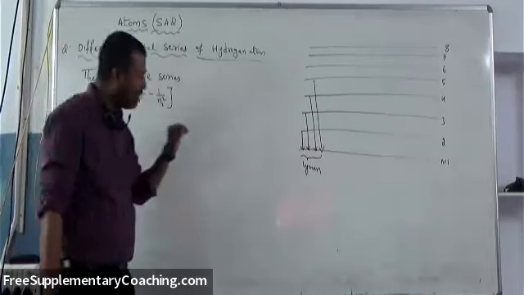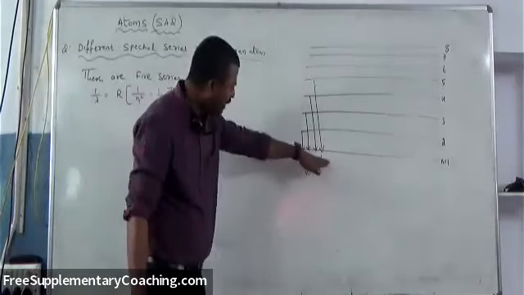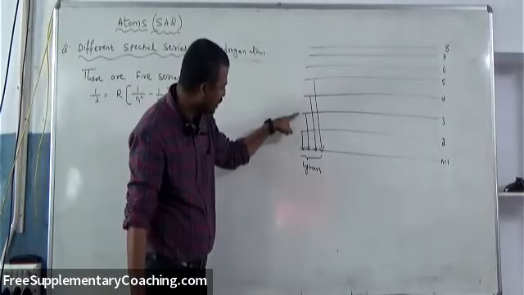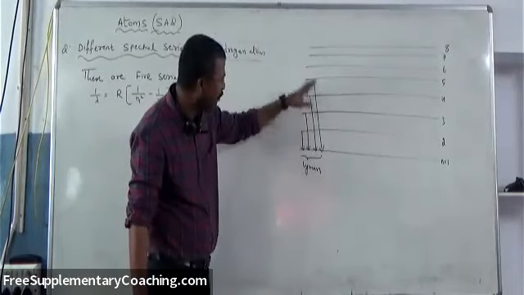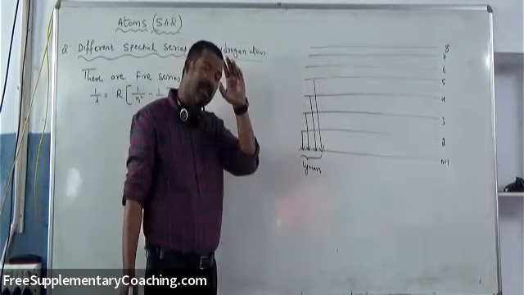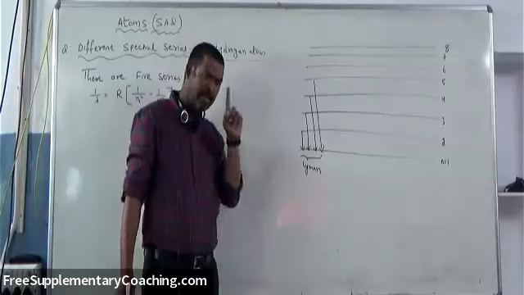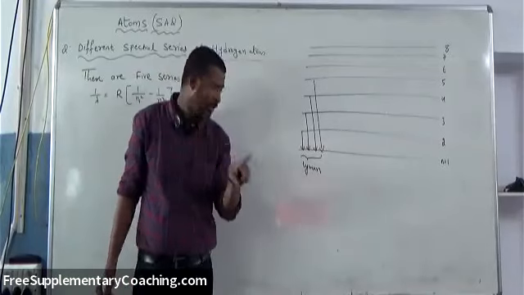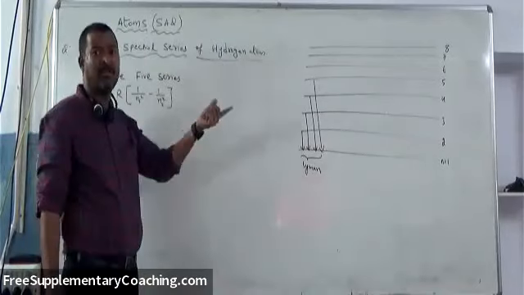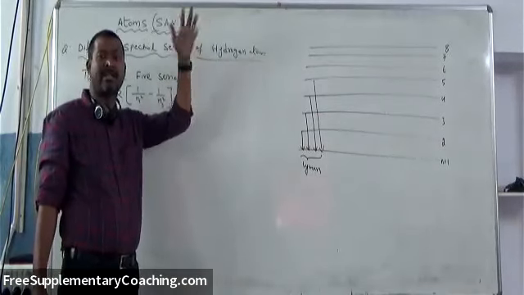But coming to the Lyman series, the electron comes from 2 to 1, 3 to 1, 4 to 1, 5 to 1, and so on. That means electrons are coming from higher levels, but into 1 only. For the Lyman series, the higher energy level may be 2, 3, 4, 5, 6, 7, 8, 9, anything.